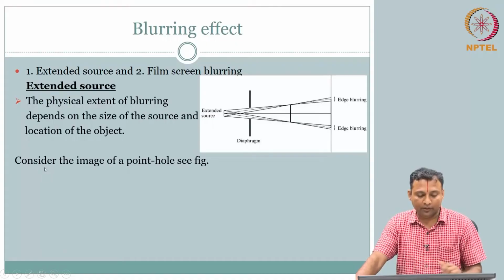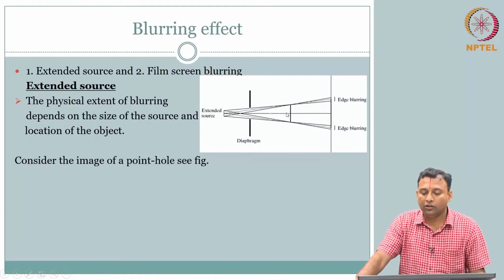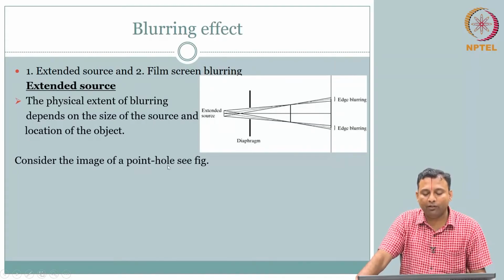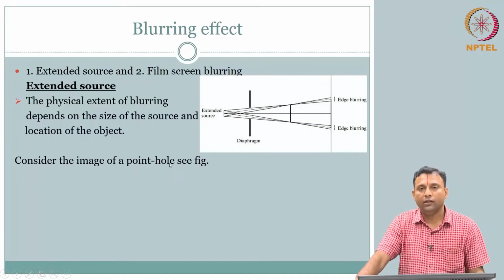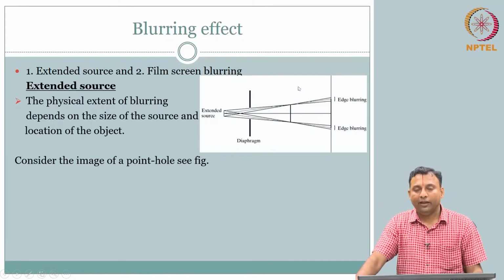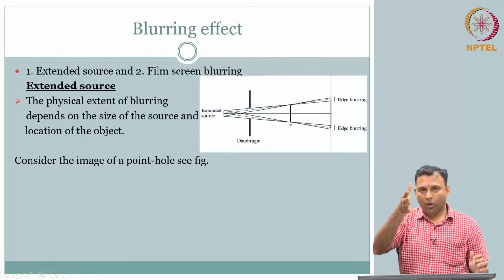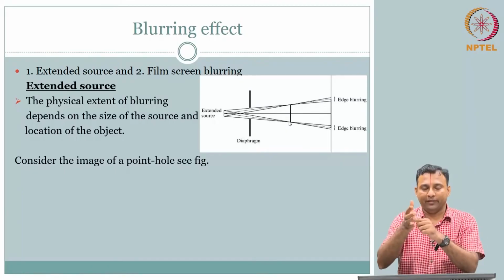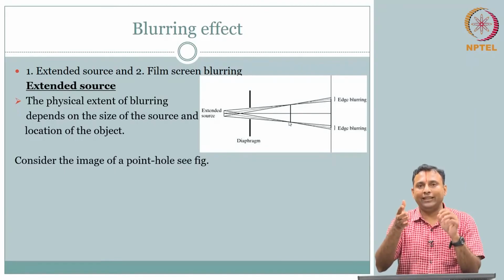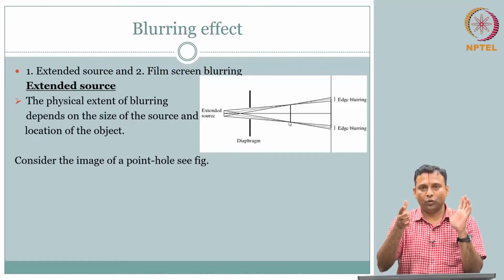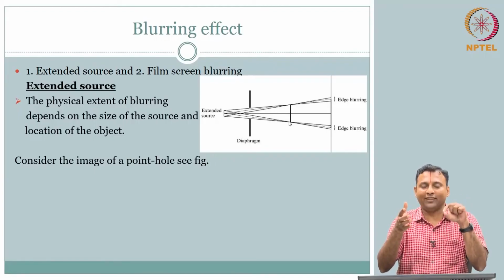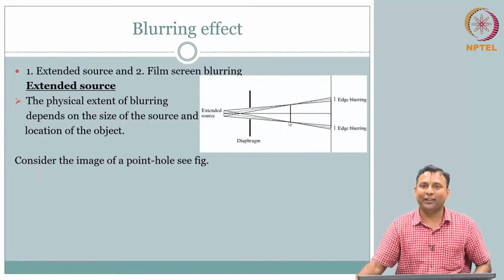So we will write this first. Consider the image. Instead of an edge, let us characterize this differently. Let us have a point hole, meaning I have an object which is a point, a hole through which you can see. Now my source is not a point, my source is an extended source, but my object is a point object.